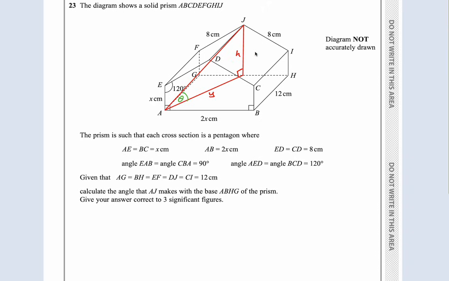Let's start with h. So this 120 degrees is obviously important. Because it's a prism, if that's 120 degrees, then this is also 120 degrees here, and this angle here at the back would be 120 degrees because it's the same thing.